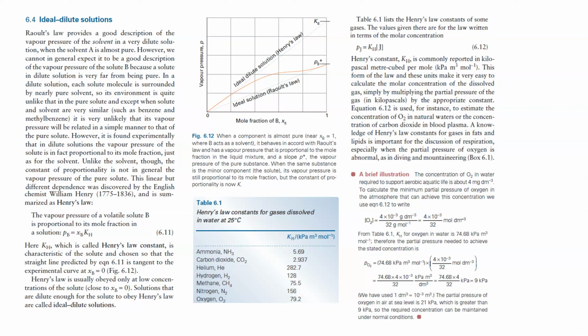In a dilute solution, each solute molecule is surrounded by nearly pure solvent, so its environment is quite unlike that in pure solute. And except when solute and solvent are very similar, such as benzene and methylbenzene, it's very unlikely that its vapor pressure will be related in a simple manner to that of pure solute.